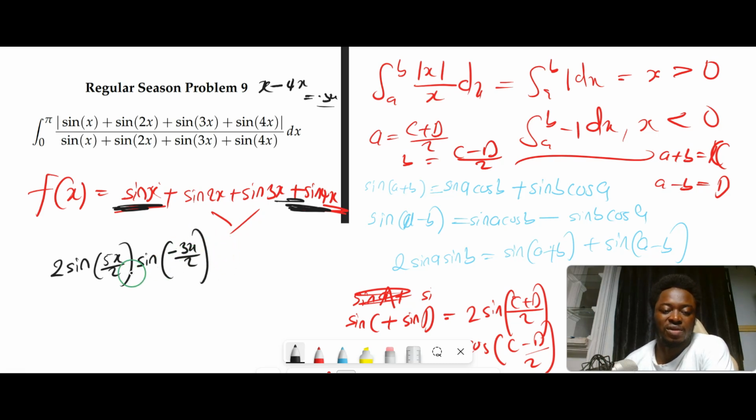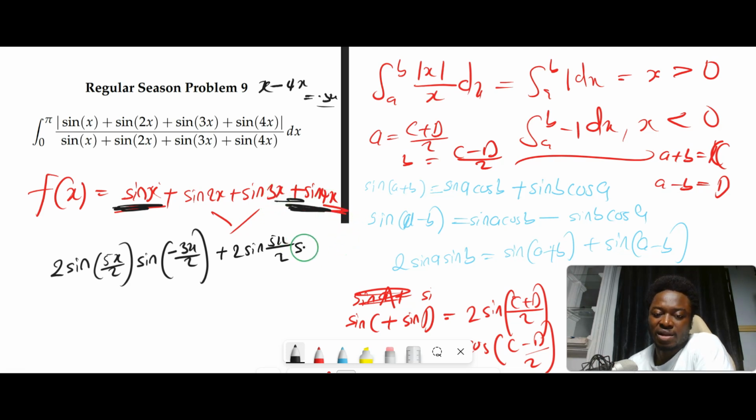Yeah, so now what about this case of 2x and 3x? Well, this is going to be sine of 2x, this is going to be C plus D, right? So you have sine of 2x plus 3x, 5, so this is going to be plus twice sine of 5x over 2. What about this case? Well, this is going to be 3 minus 4, so you have 3x minus 4x, which is negative x.